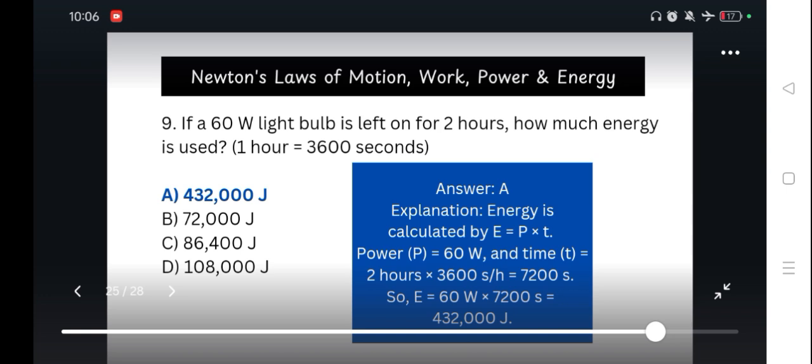Therefore, 2 hours must be converted first to seconds. So 2 hours times 3,600 seconds, since 1 hour is equal to this amount of seconds, so the answer is 7,200 seconds. So 60 watts times 7,200 seconds, the answer for energy is 432,000 joule.